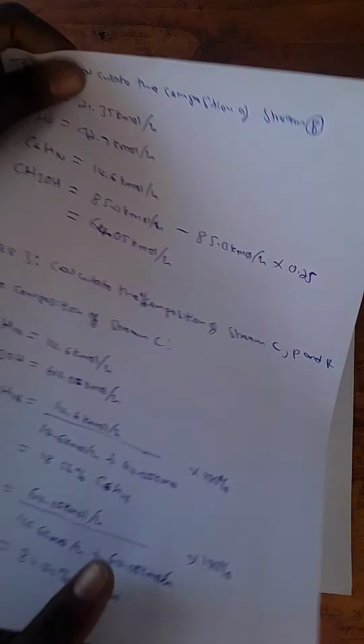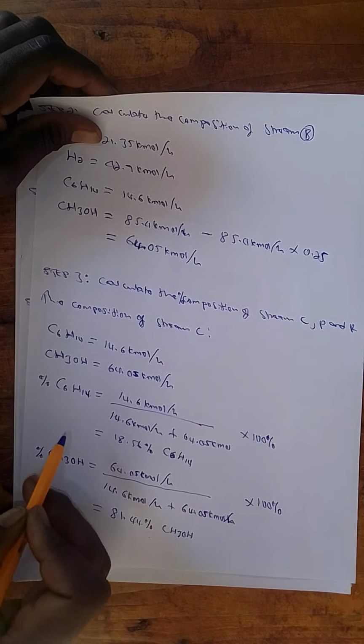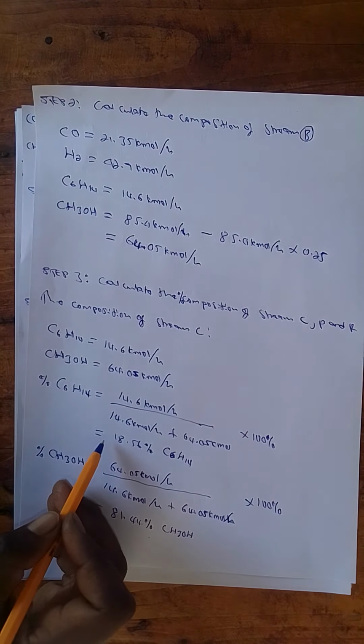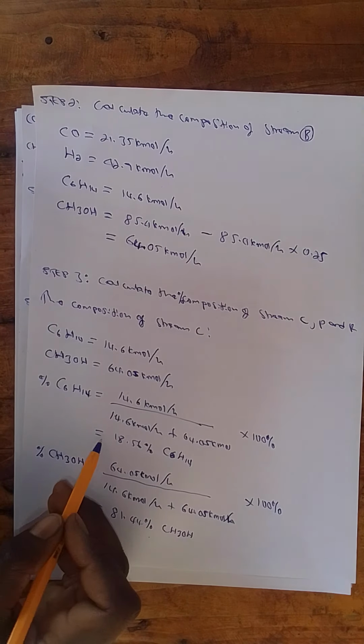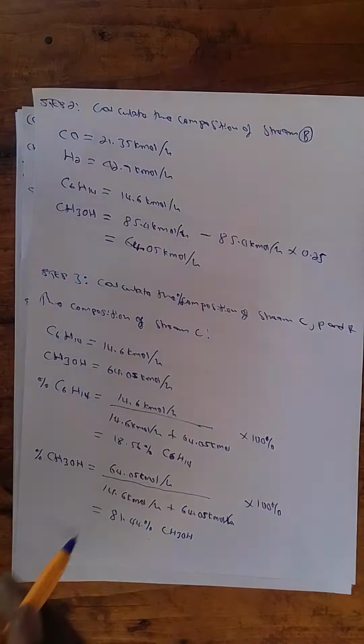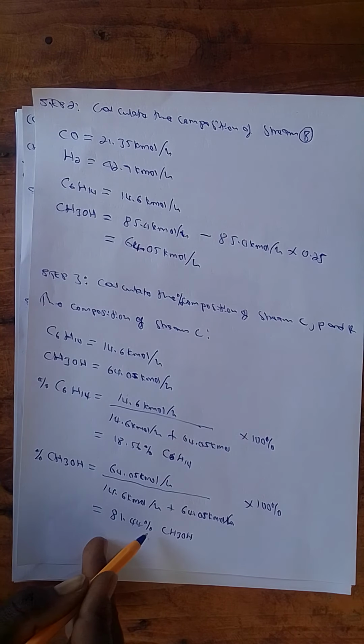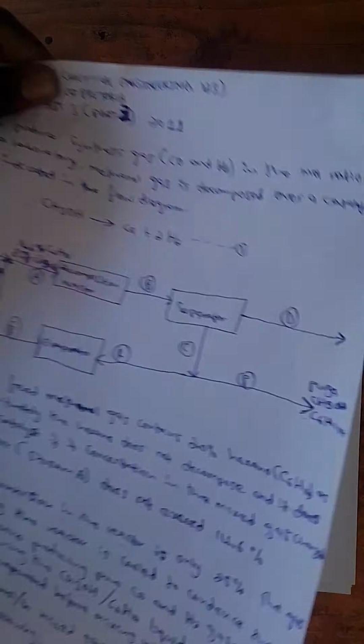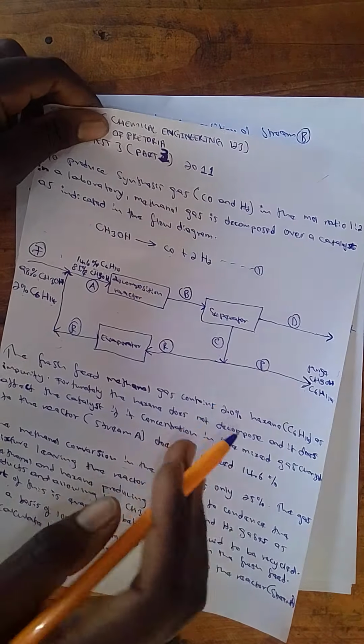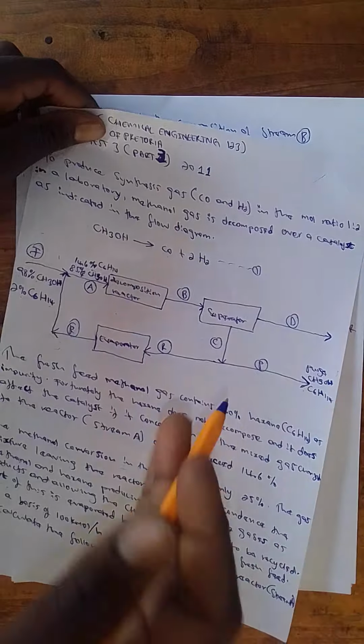The percentage of CH3OH in P is actually, sorry, 81.44%. So if we know the percentage of CH3OH in stream P, and we know P also, we can easily calculate how much CH3OH is in there.